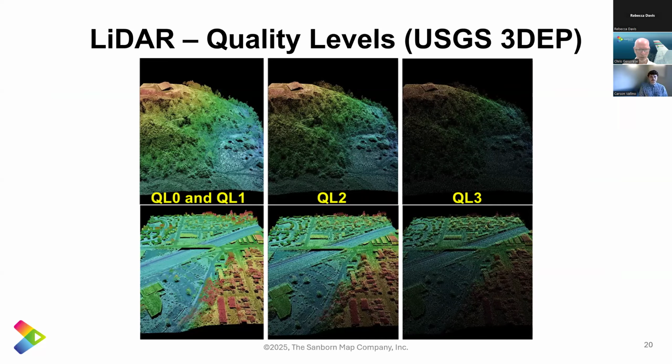These QL levels dictate a little bit of how many points per square meter, and from that also accuracy, vertical accuracy, things like that. So the denser the points per square meter, that overall cloud of data, the better you can distinguish different objects from each other, and certainly smaller objects.